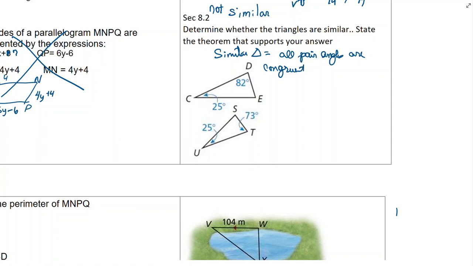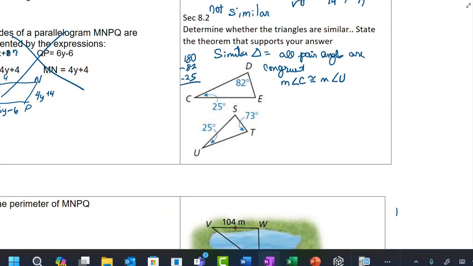So we notice that we have 25, that the measure of angle C is congruent to the measure of angle U. Now we have to determine the remaining angle. So I'm going to do this triangle first. So I have 180 minus the 82 and minus the 25 to figure out the third one.